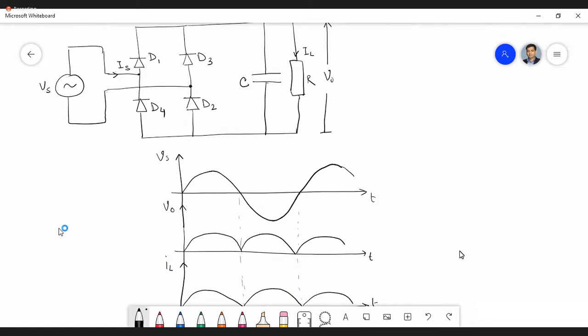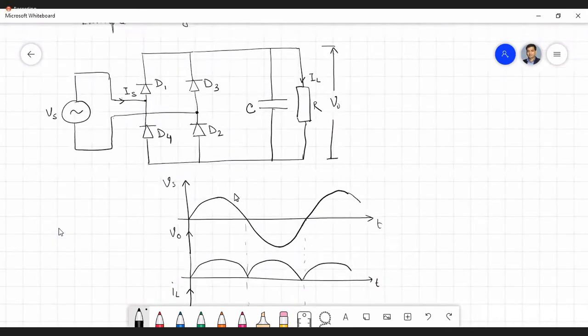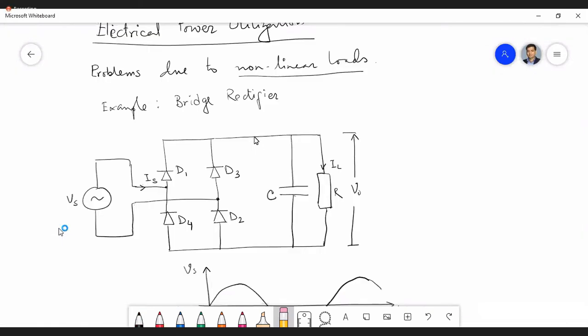Okay, so he's saying that we need one more element to eliminate the current ripple also. So that is an inductor. Okay, so an inductor is required to eliminate the current ripple.